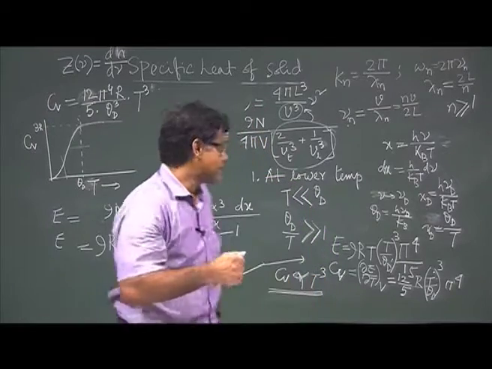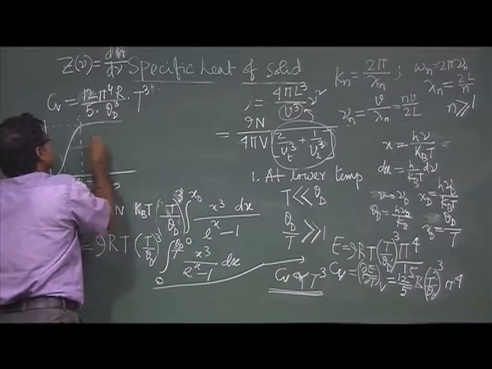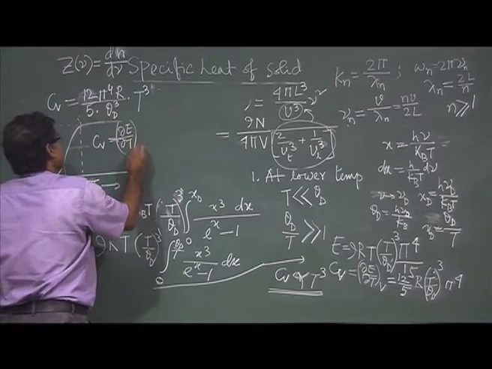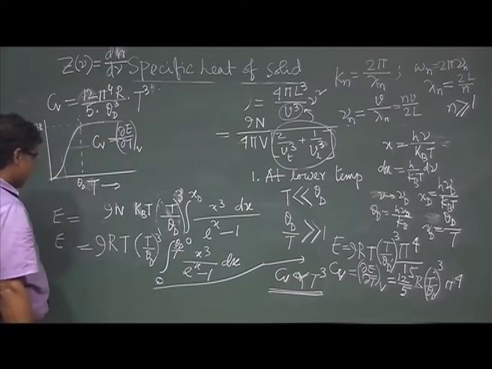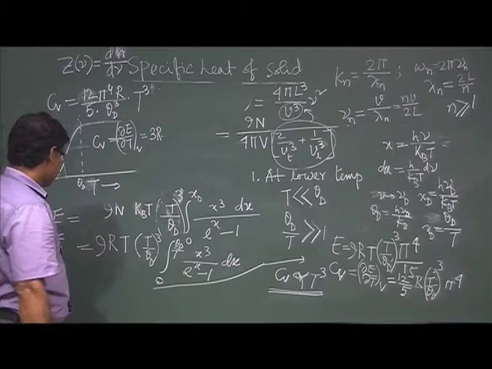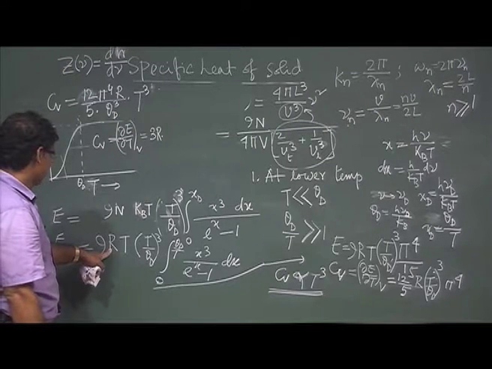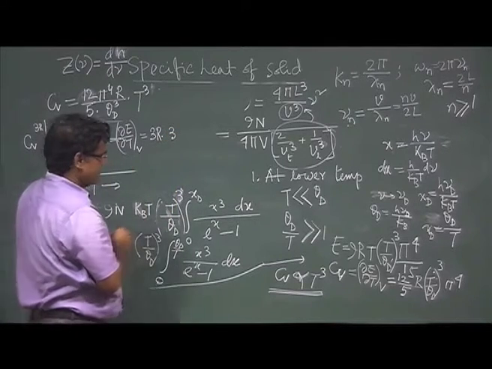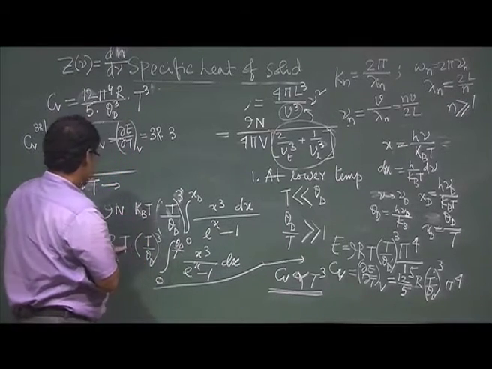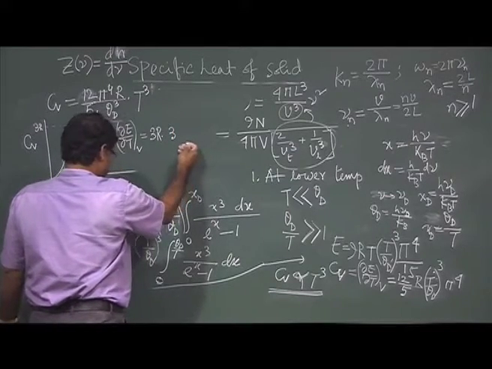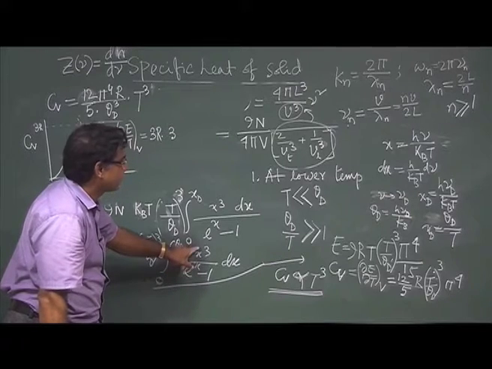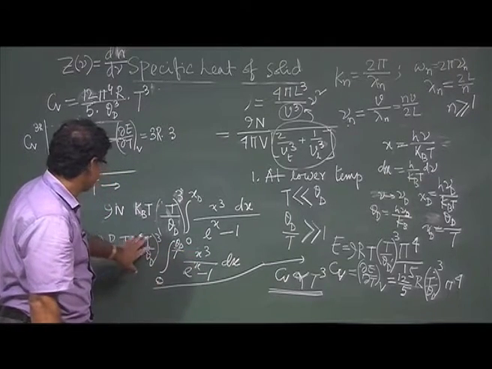Analytical calculation is difficult, but in general CV equals del E by del T at constant V. This contains x, that is h nu by kB T, and outside also T is there.